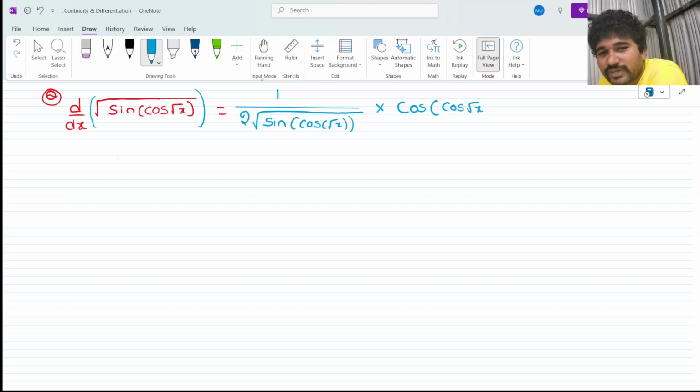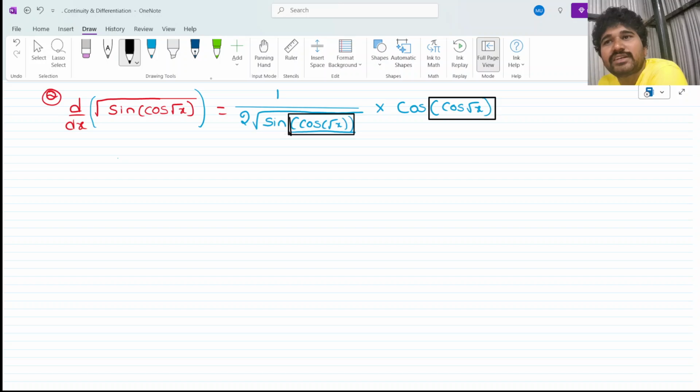Cos root x. Sine order differentiation is cos of something. The something here is cos root x. Clear? So that should not change.